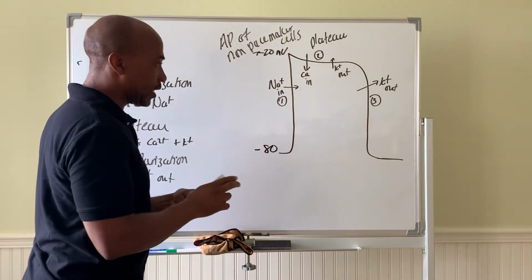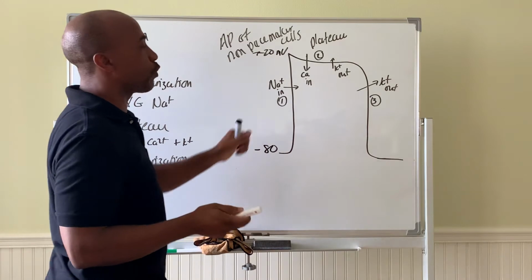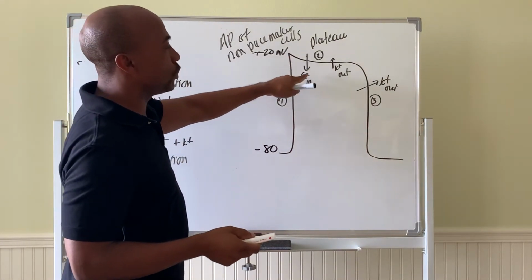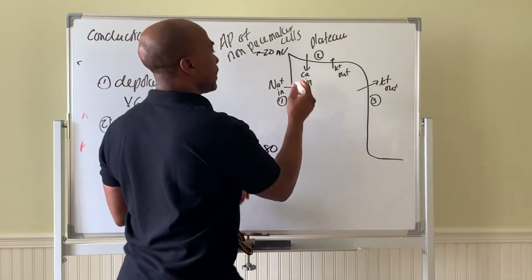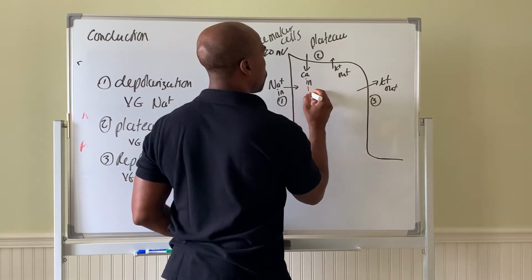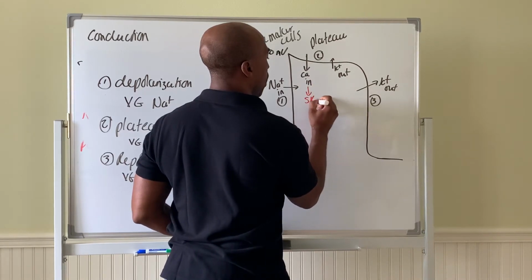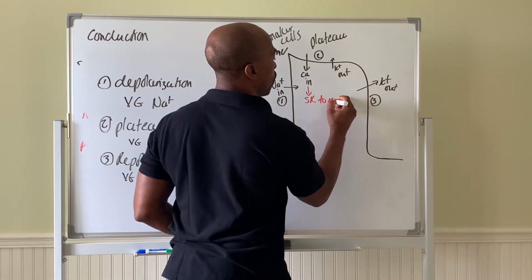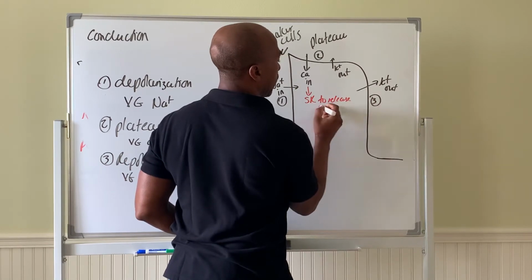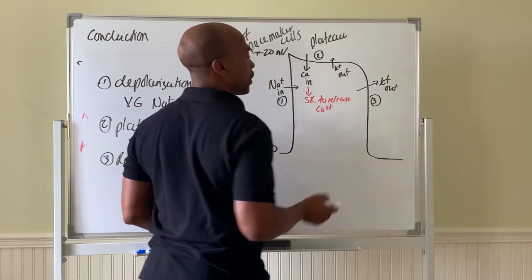Now, something else to point out here. So now when Ca comes in during the plateau phase, this Ca comes in, will trigger the SR to release calcium inside the muscle cell.